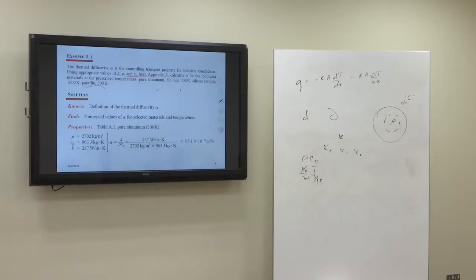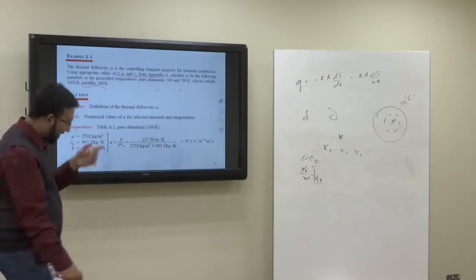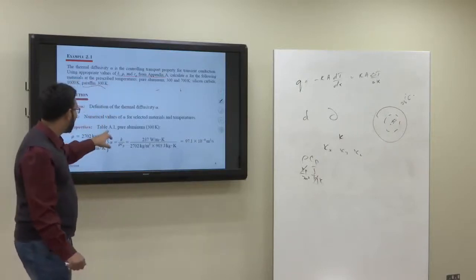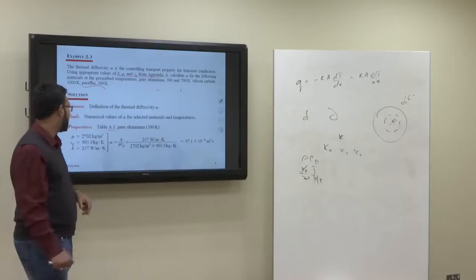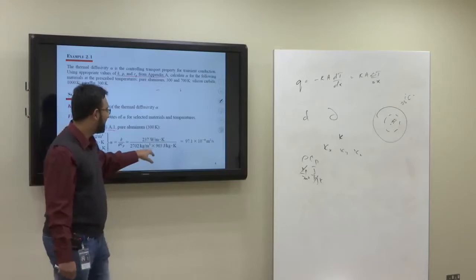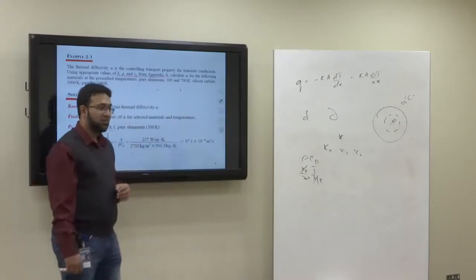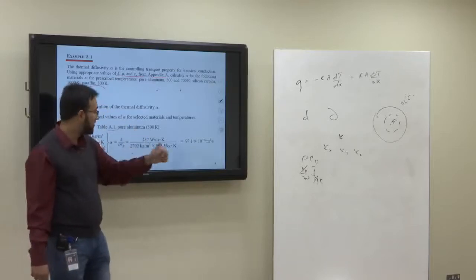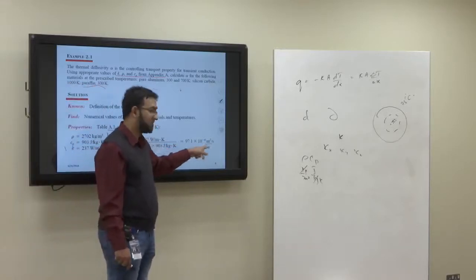So for pure aluminium, they found the values for 300 Kelvin. These are the values. Just substitute into the formula, get the answer. Remember, thermal diffusivity alpha has unit meter square per second.